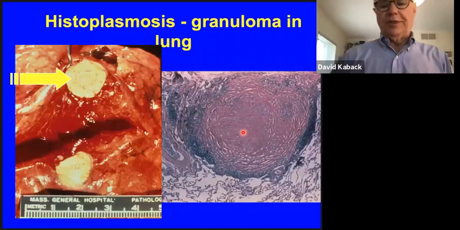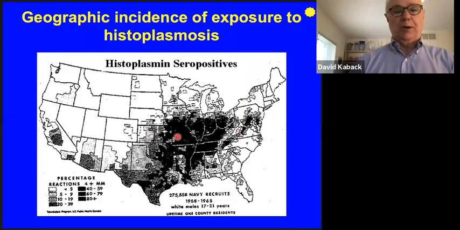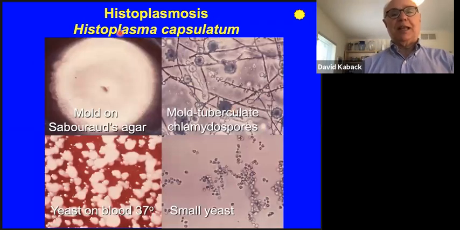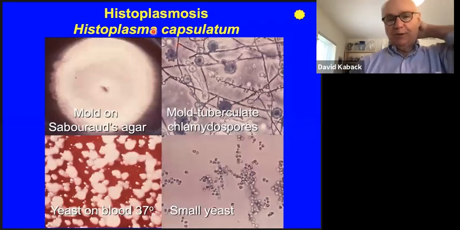One of the most important things I'm going to tell you about histoplasmosis is its geography. This is where you mostly find histoplasmosis, concentrated around Midwestern river valleys, shown here. Midwestern river valleys, not too much in our area. This is what the organism Histoplasma capsulatum that causes histoplasmosis looks like.